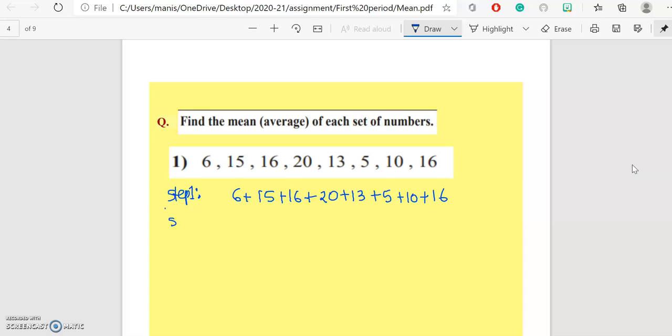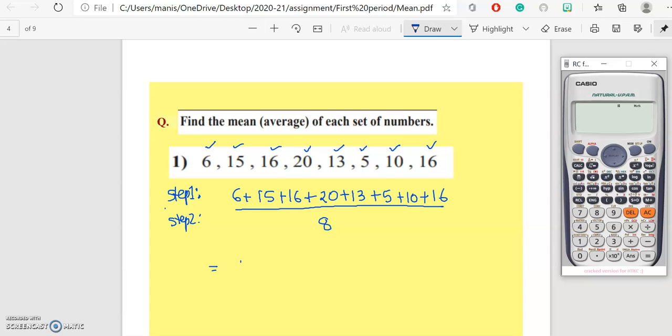And step number 2 says divide the total by the number of values which has been given to you. So this is your 1, 2, 3, 4, 5, 6, 7 and 8. Alright, 8 over here. After this I will use my calculator to solve this.